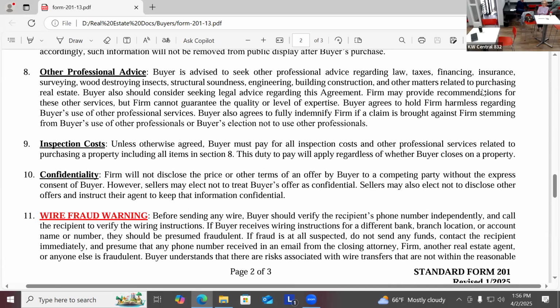No, buyer is responsible, unless otherwise agreed upon, of course. Buyer is responsible for all inspection costs and professional services related to purchasing the property. And whether you close on it or not, you still have to pay them.